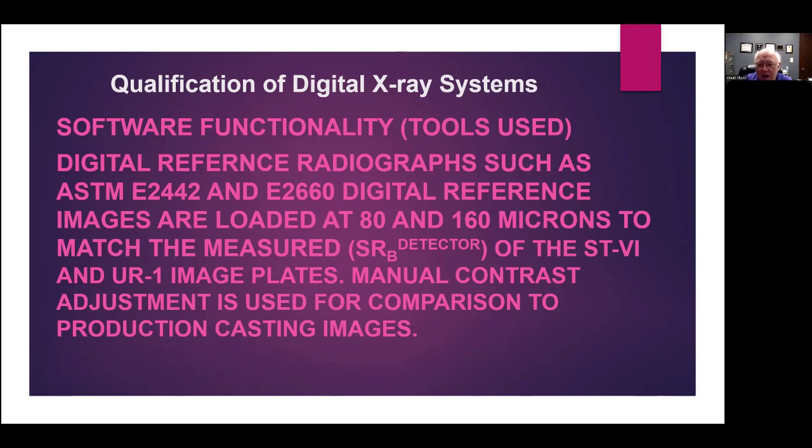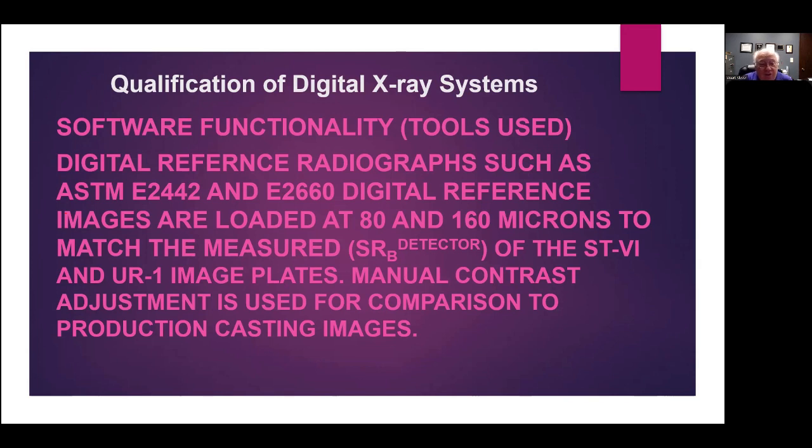However, a lot of the different digital systems have different imaging plates that have different sensitivity levels. So some are at 80 microns, 160 microns. So you have to enter the reference images when you load them into your system at the proper value. So the ASTM reference images have these capabilities listed as you're putting them into your system.